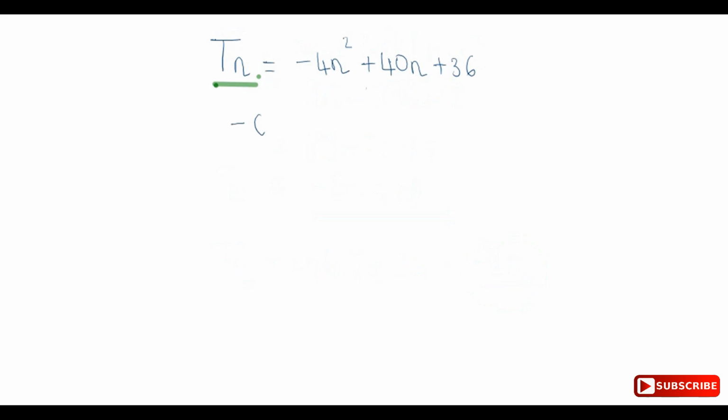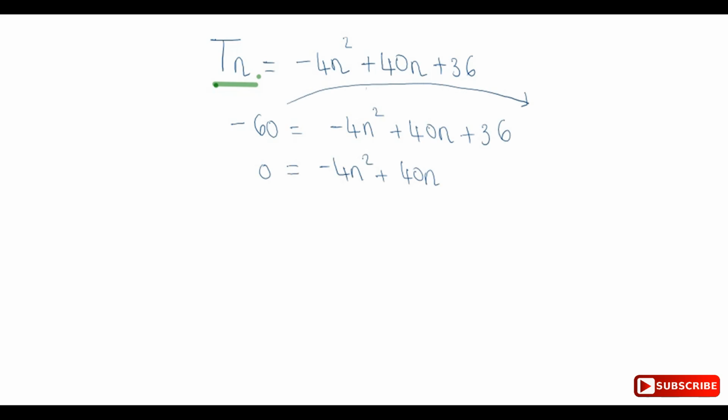So it's negative 60, which is equal to minus 4n squared plus 40n plus 36. And we are just going to solve this equation for n. So we're going to simply take this negative 60 to the right hand side. Plus 36 plus 60 is equal to plus 96.